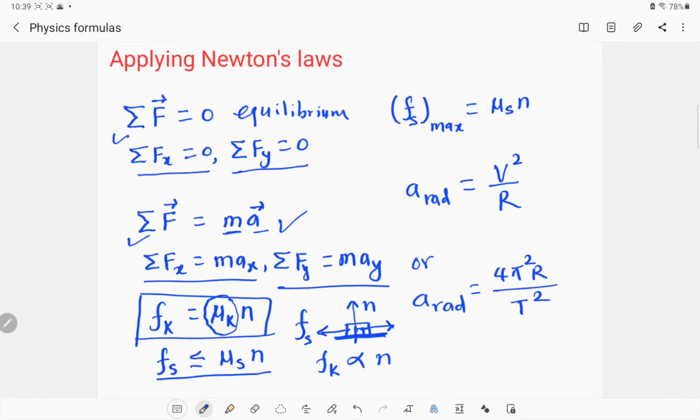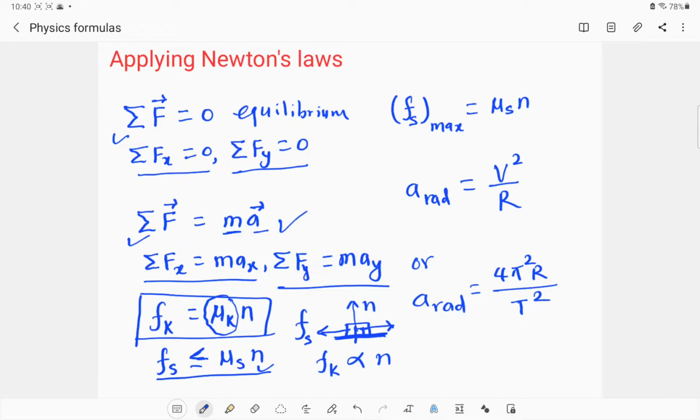Fs, the static frictional force, is less than or equal to mu s, the coefficient of static friction, multiplied by n, which is the normal force. So these are the formulas for kinetic friction, static friction, and maximum static friction. Remember always, the static friction is always more than the kinetic friction.